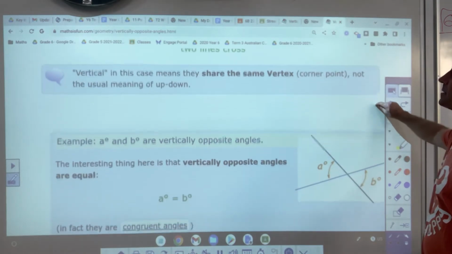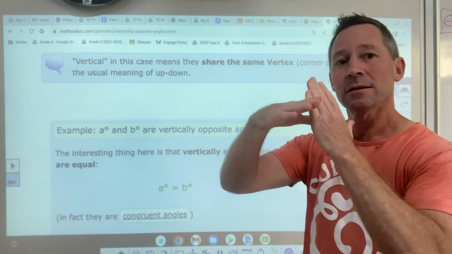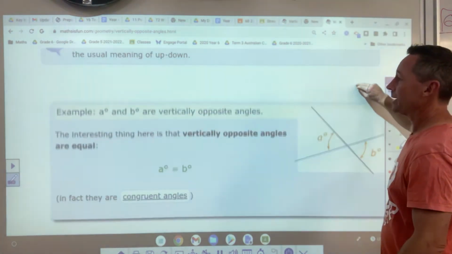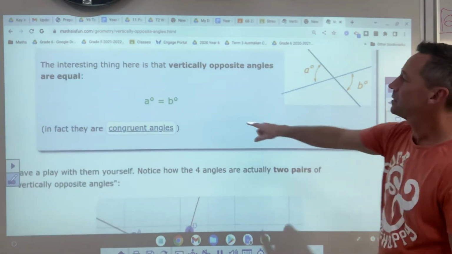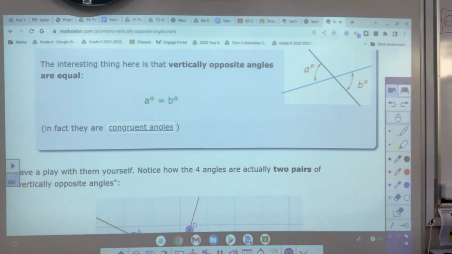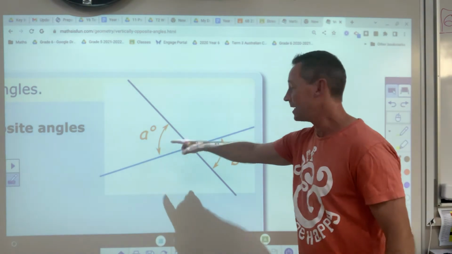So in this case, they share the same vertex where they sort of meet. Sometimes intersection is known as that. So if I come up here, move this over, they're saying angle A is equal to angle B. So over here, look at this one, angle A is equal to angle B.